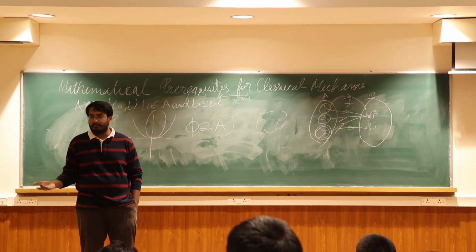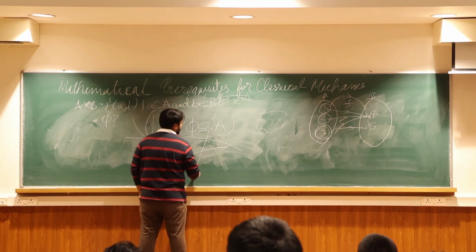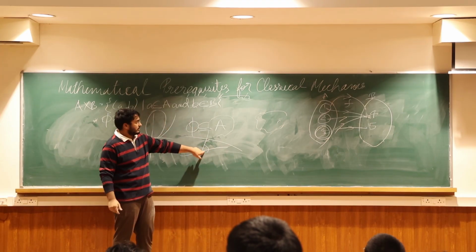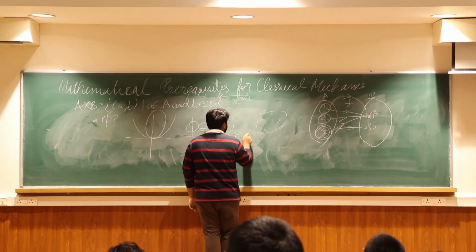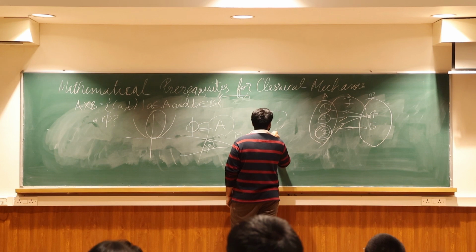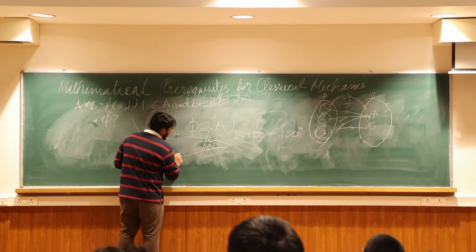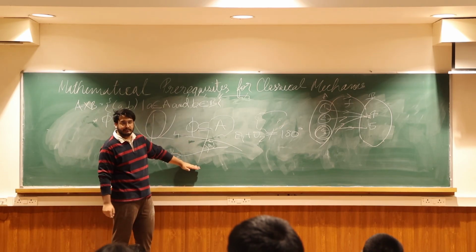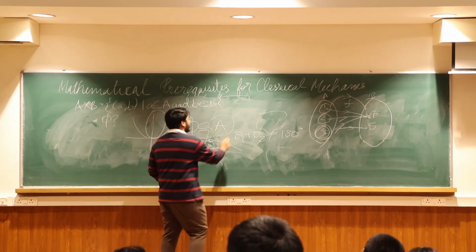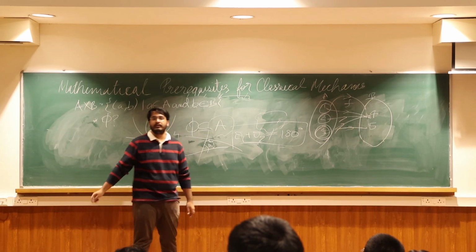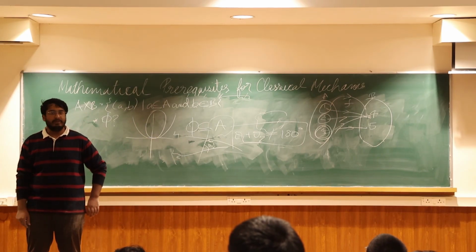We have no proof for them, just like we have no proof for this fact: if these angles, theta 1 and theta 2, do not add up to 180, L1 and L2 are not parallel lines. When extended on both sides, they will intersect at some point. But you cannot prove it, you simply believe in this. In a similar manner, you cannot prove Newton's laws, you believe in them.